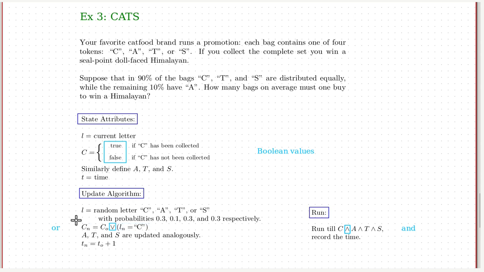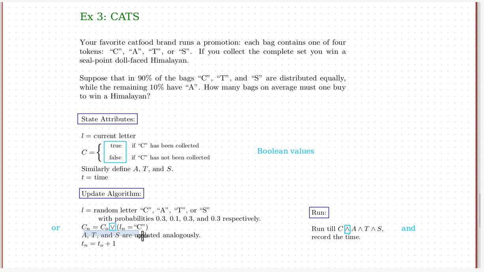So this is a nice, simple, compressed way to represent this operation. We say that the new value Cn is equal to the old value C0, or the new letter was equal to C. If either the old value of C0 was true, or the new letter is equal to C, then we can regard the letter C as having been collected, and therefore the new value of the Boolean variable C will be true.